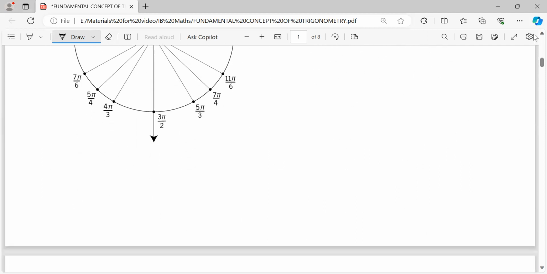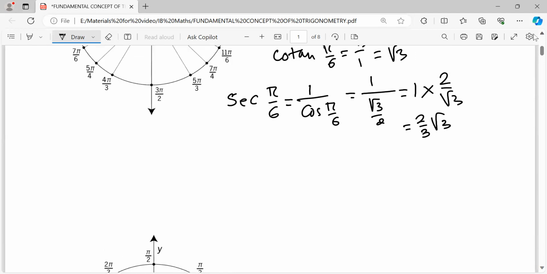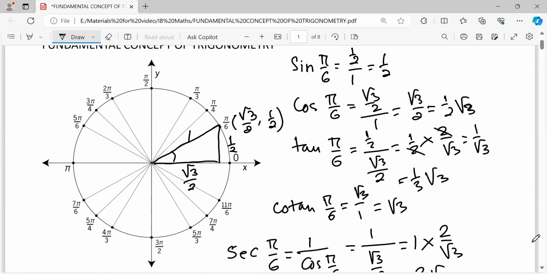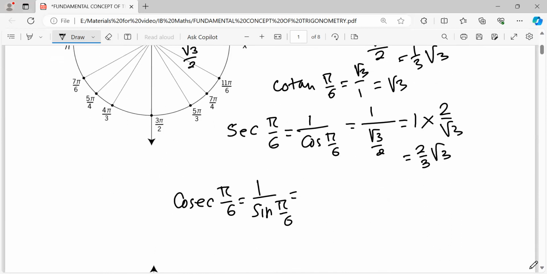And cosecant, for cosecant pi over 6 equals 1 over sine pi over 6. Okay. Sine pi over 6 is half. So it means 1 over half equals 1 times 2 over 1 equals 2.